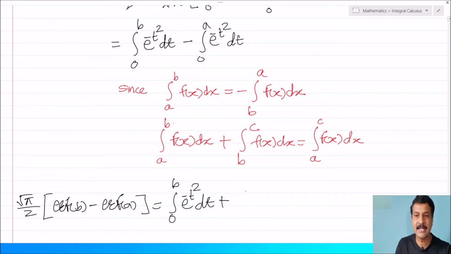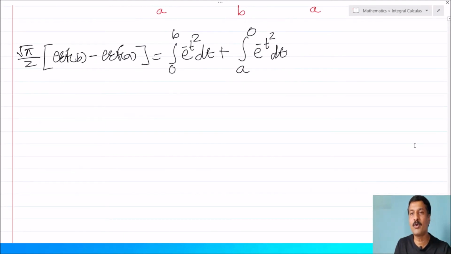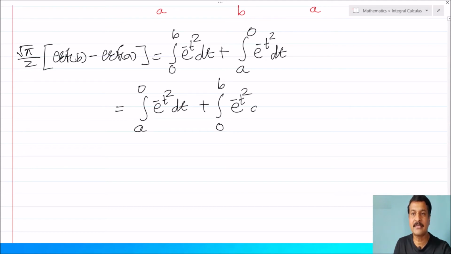So plus integration from a to 0 e raised to minus t square dt. Now the integrand is the same for both integrals, and that is why I can write the second term first, means integration from a to 0 e raised to minus t square dt plus integration from 0 to b e raised to minus t square dt.